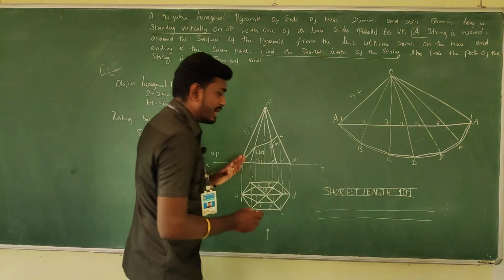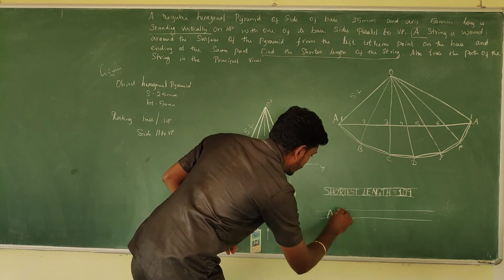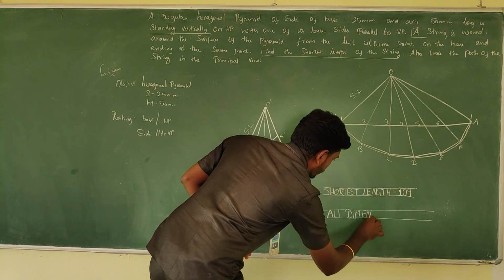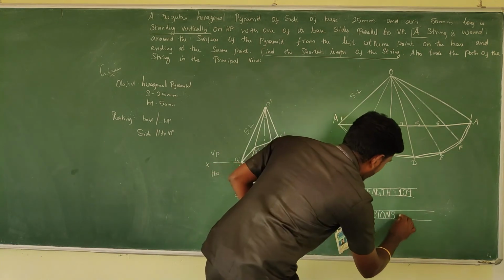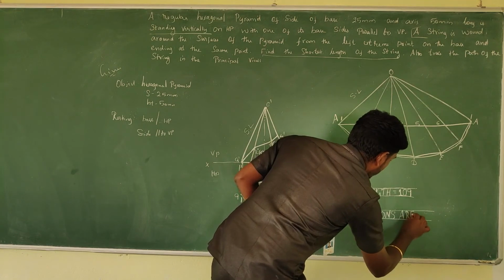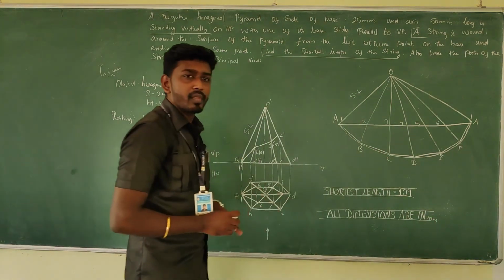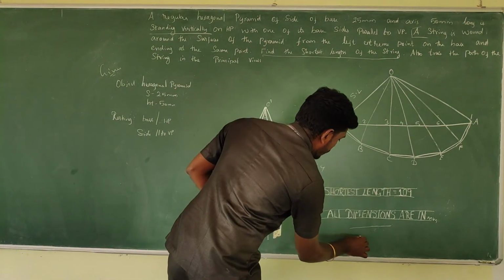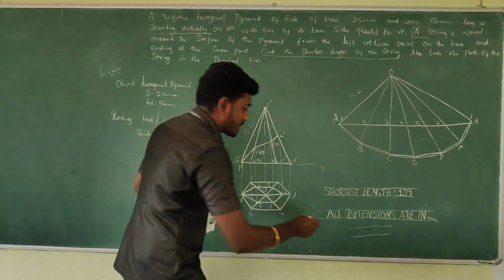Take a note about the dimension. We have taken all the dimensions in mm, so write the note: all dimensions are in mm. Also you can write about the scale. Here the data is as given in the question, we just reflected it.